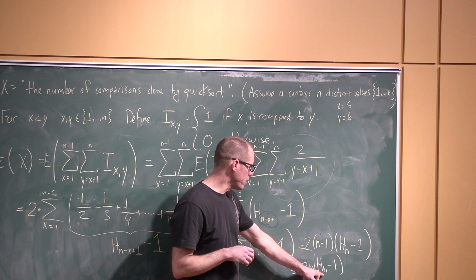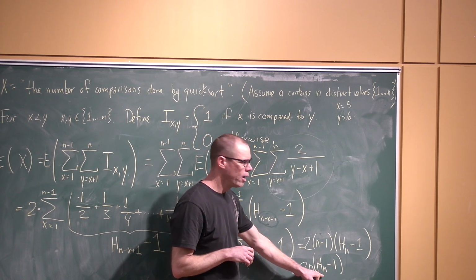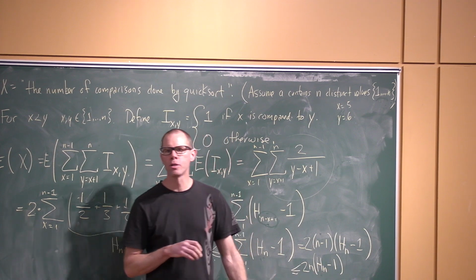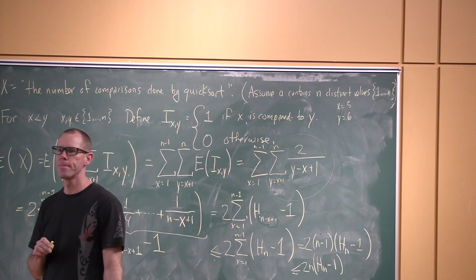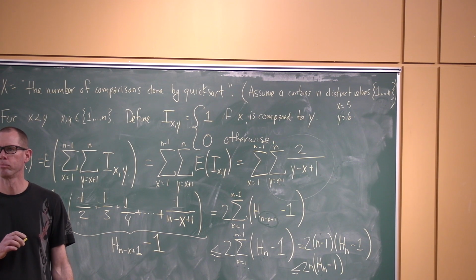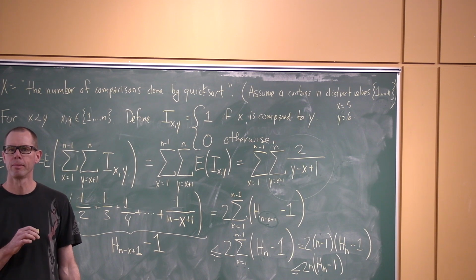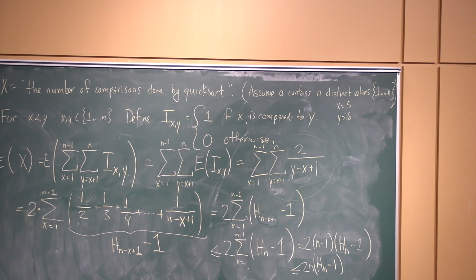And h of n is this weird thing that I would like to see a simpler description of. So what can you tell me about h of n minus 1? Smaller than what? So h of n is smaller than 1 plus ln n.